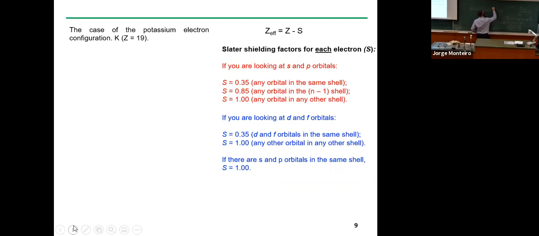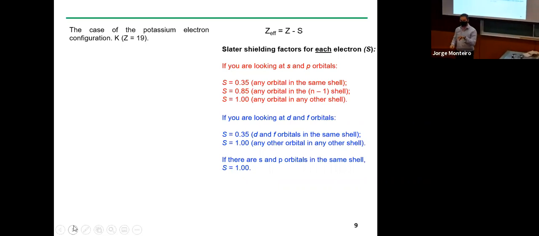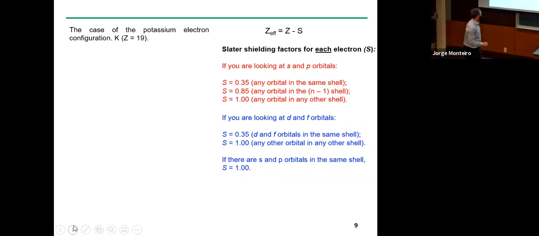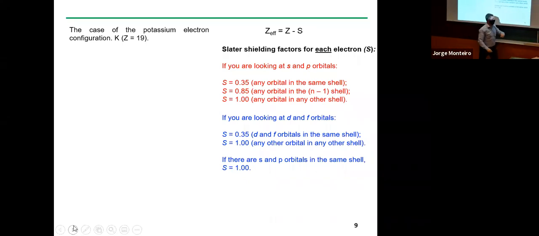This is n, n minus 1, n minus 2. Okay, so now we are looking at an s orbital. So therefore, we are going to use the rules in red.